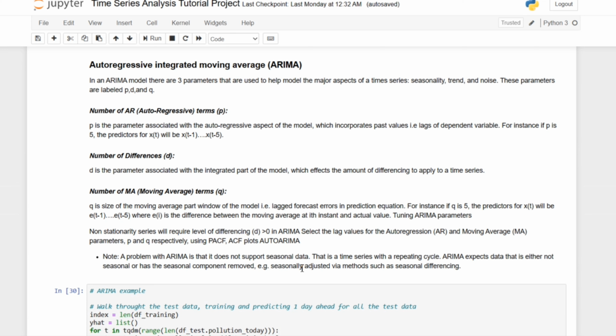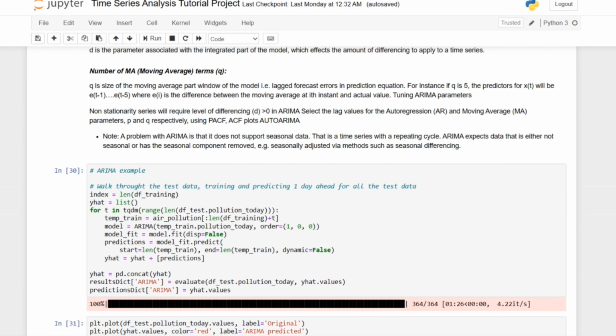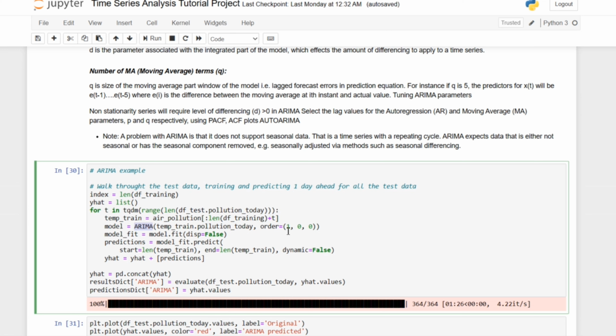So for that we do have another model that takes into consideration the seasonal component. Here you can see we are now using the ARIMA model, and the orders are mentioned, guys. I forgot to mention earlier that we have to mention the order.